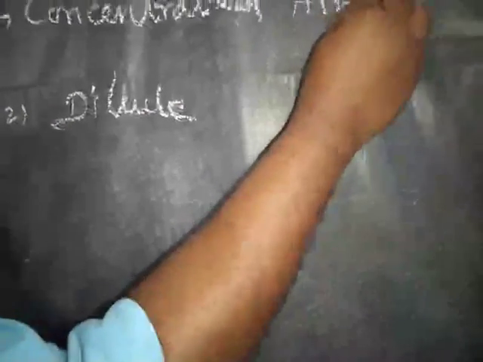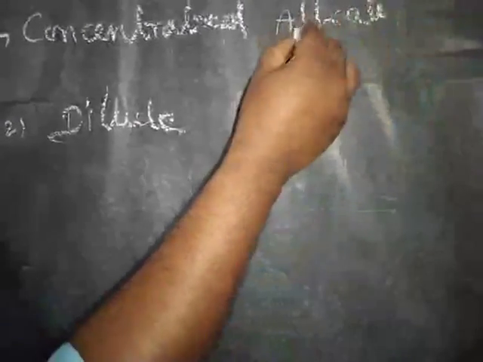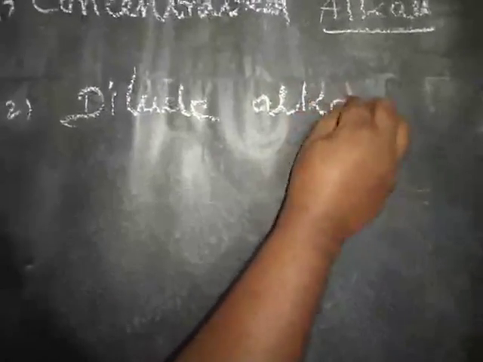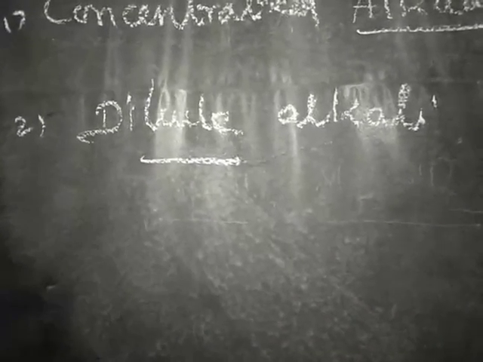What is meant by alkali? Bases dissolved in water produce alkali. Concentrated alkali is an alkali having a relatively high percentage of alkali in its aqueous solution.